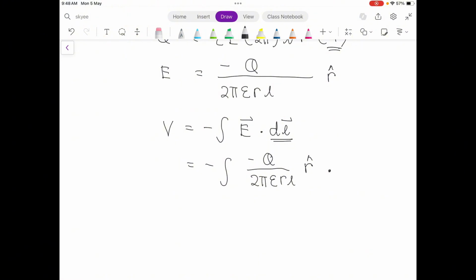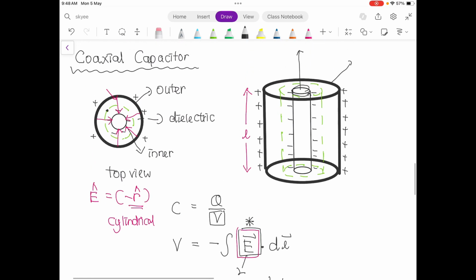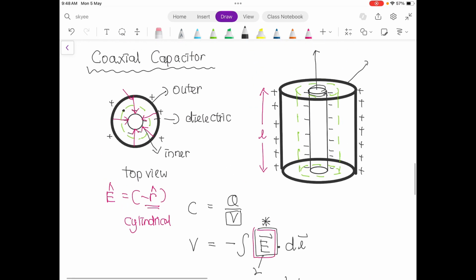So this dl actually represents the length, how far your electric field propagates and where your electric field propagates. So if you look at the top view here, your electric field is from here over here, right? This is your direction.